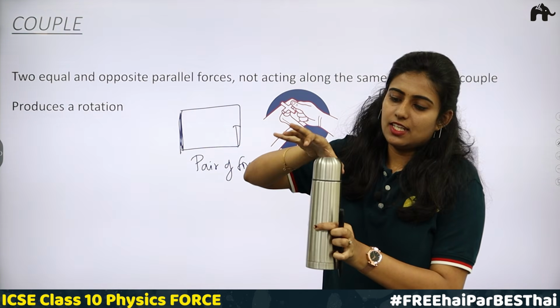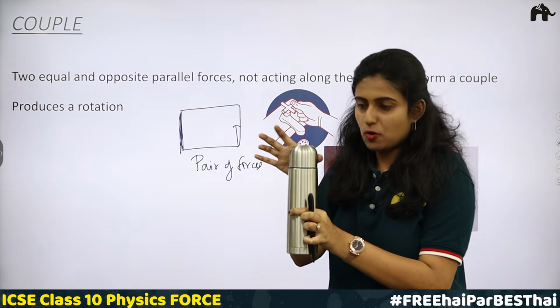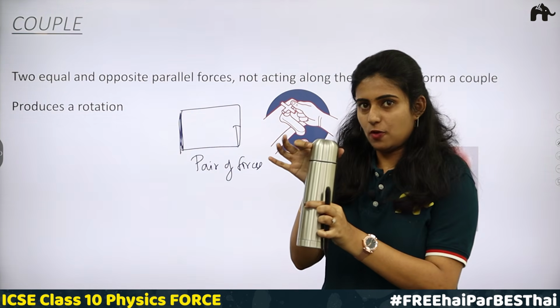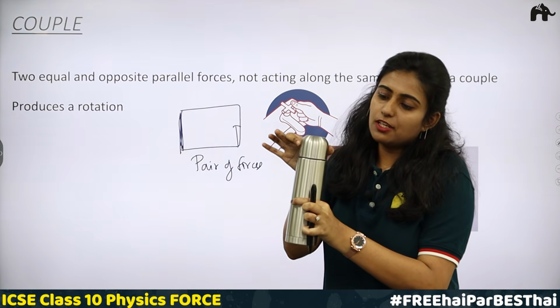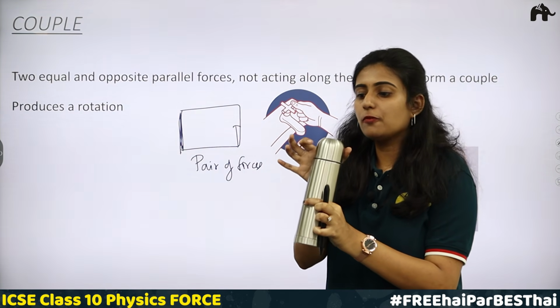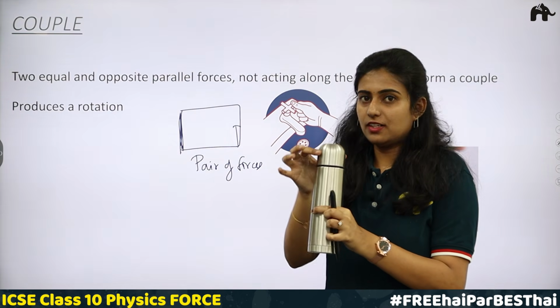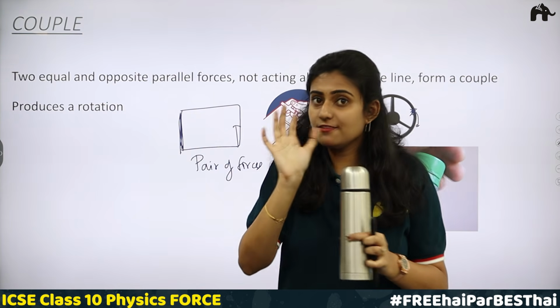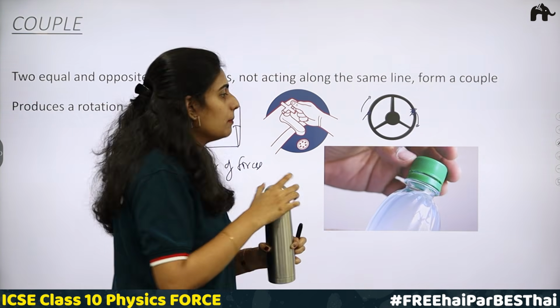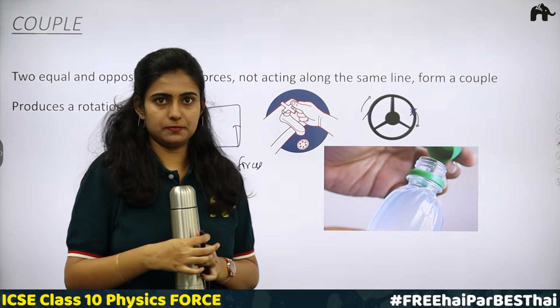I am holding my thumb at this point and my forefinger at this point. Now I am applying a force backward with this thumb and a force forward with this forefinger. It is easier to open. When I tried with one finger, it was difficult to open, but when I tried with two fingers, it was easier to open. Clear?